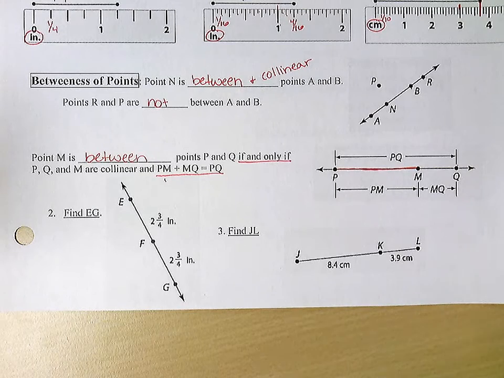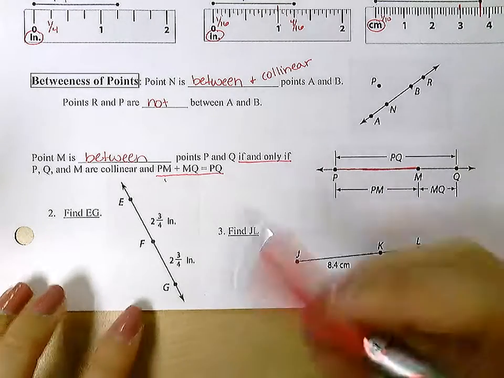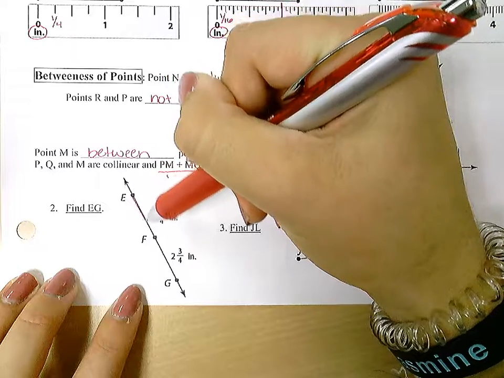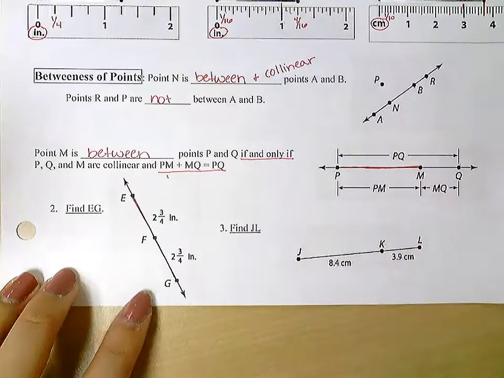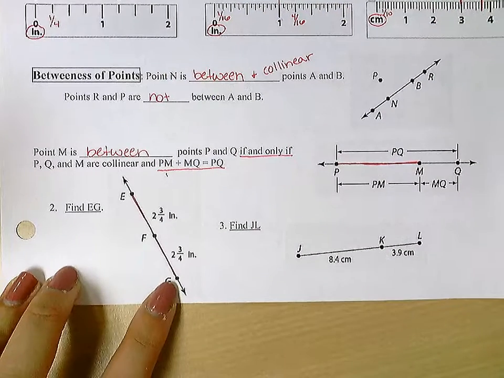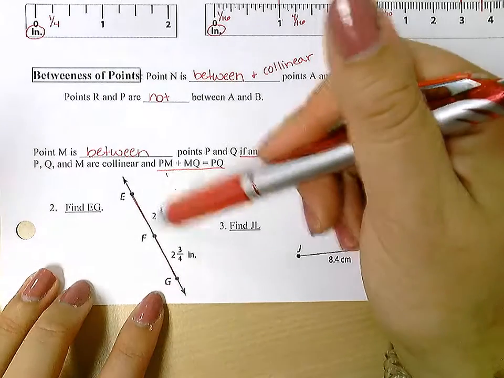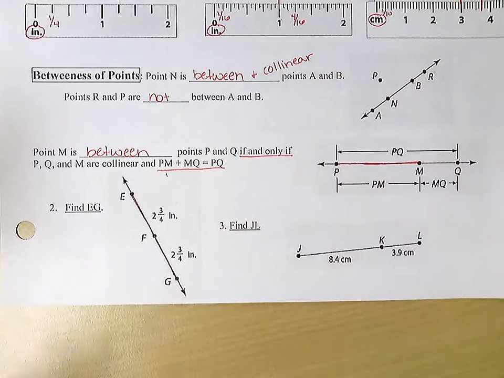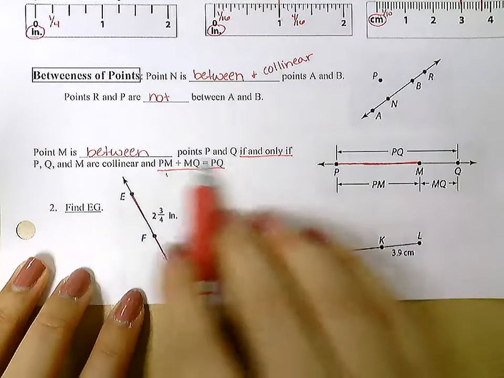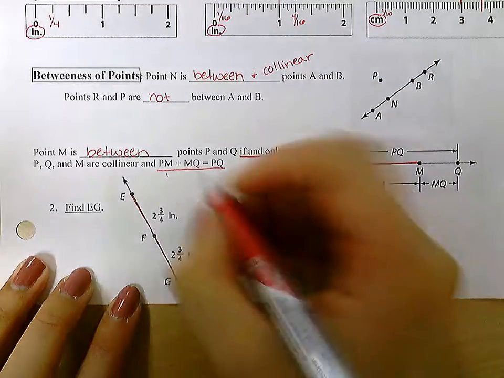So in number 2, we want to find this segment E to G. Okay, so that entire segment there. We're given EF and FG are 2 3/4 inches. So I can just use my segment addition.